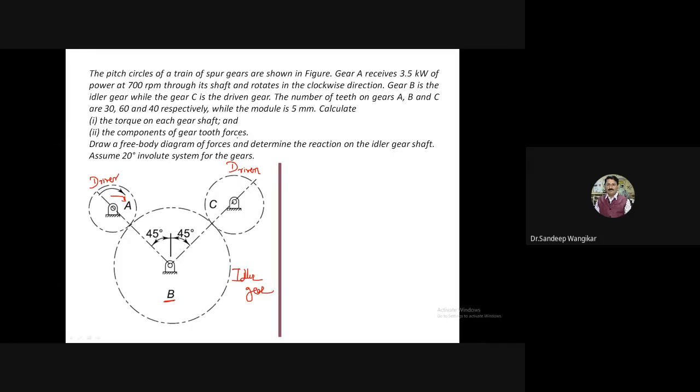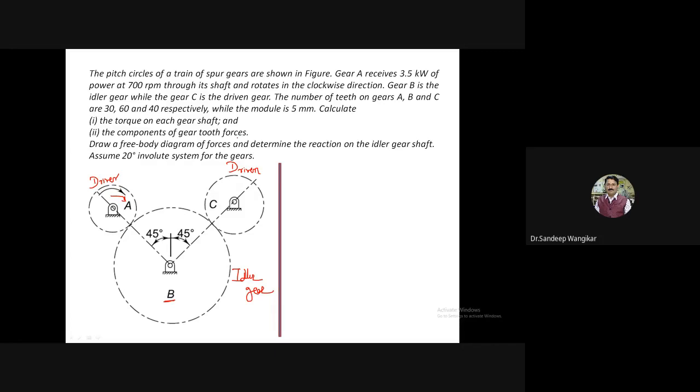We have also discussed the tangential load, PT. It is always acting in the direction of driven and opposite to direction of driver. And PR, the radial force, is nothing but the separating component. It is always acting toward the center of the pinion and gear. The same we will apply for A and B pair, and the same for B and C pair.